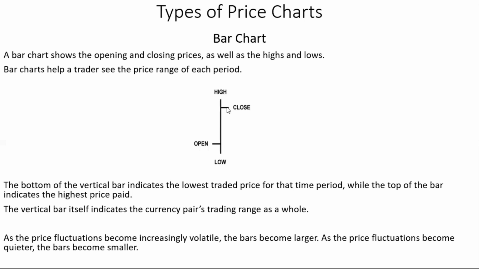So that's the range. As the price fluctuations become increasingly volatile, the bar becomes larger or longer. As the price fluctuates and becomes quieter, the bars become smaller.